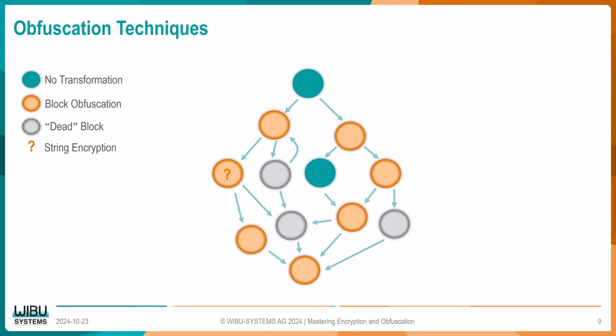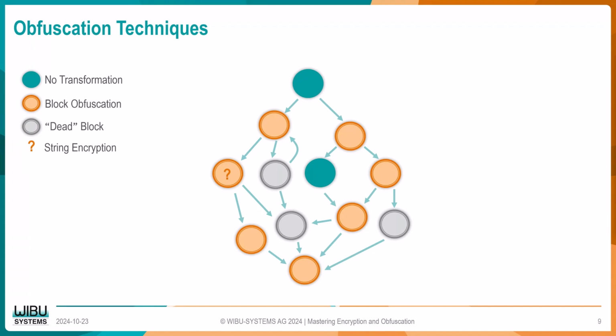We try to select different basic blocks, calculate some metrics, and then apply different obfuscation techniques depending on what is actually done in each basic block. So as you see, the orange balls are obfuscated with different techniques. We also inserted some dead blocks. These balls are not really necessary or relevant for function execution.